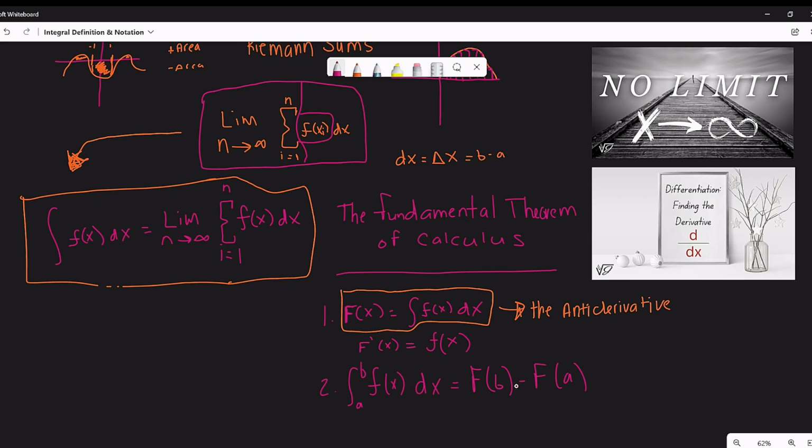We are finding the difference between these two antiderivatives at each boundary, and we get the integral as well, or the area between the x-axis and the function.